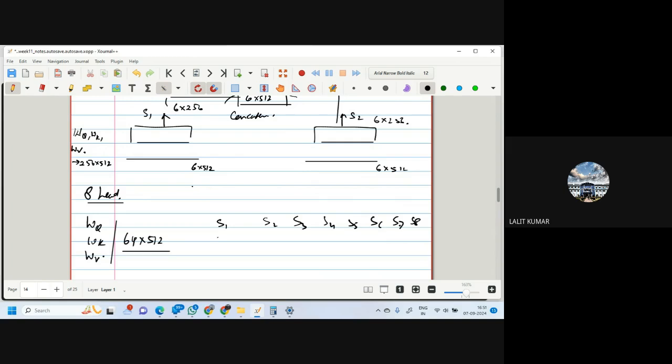All sizes are 6 into 64. And then we concatenate all of them, and we get a size of 6 into 512. And then we pass it to the feed forward neural network to get Z. Is this clear? Anybody, any doubt in anybody's mind? You can ask me. I can cover it again.